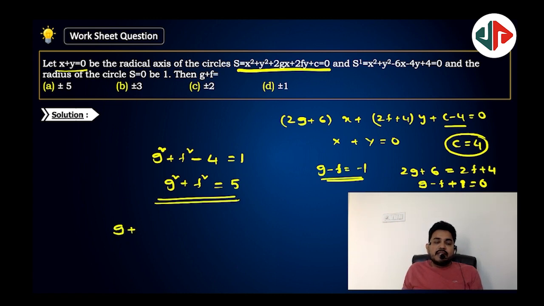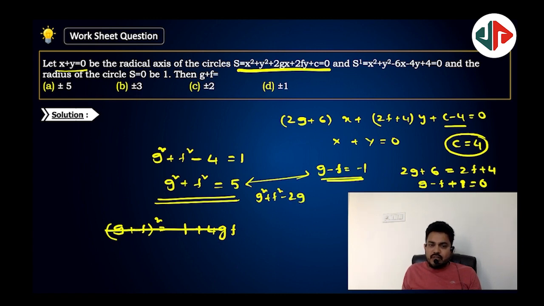So g plus f whole square is equal to g minus f whole square plus 4gf, as a plus b whole square is equal to a minus b whole square plus 4ab. So from these two you can write g square plus f square minus 2gf is equal to 1.